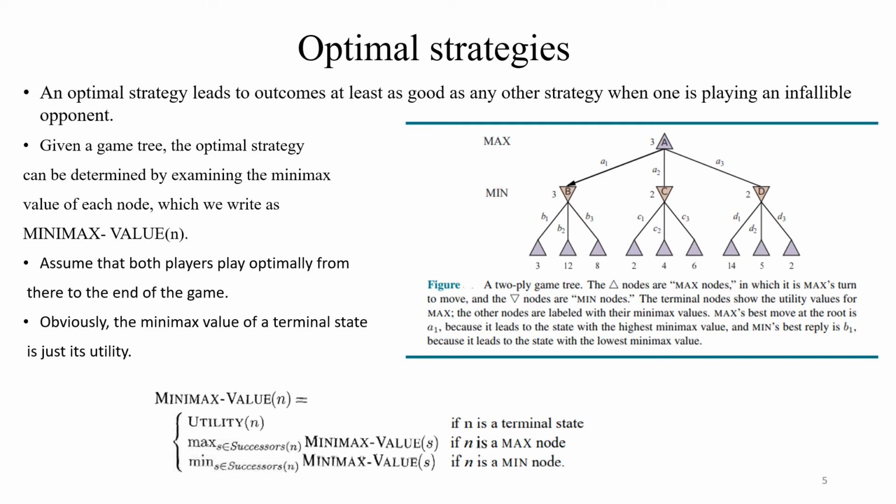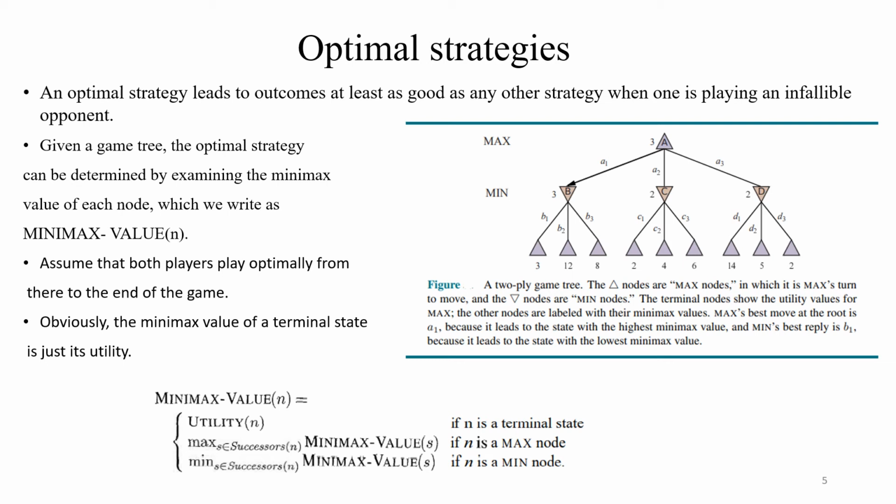Its successors have minimax values 3, 2 and 2. So its minimax value is 3. We can also identify the minimax decision at the root. Action A1 is the optimal choice for max because it leads to the successor with the highest minimum value.